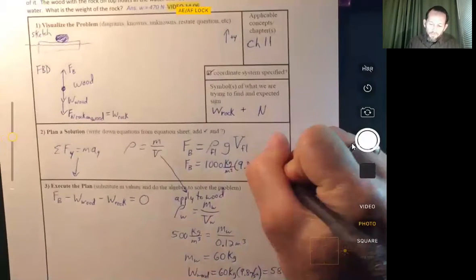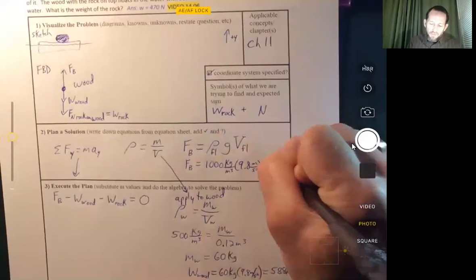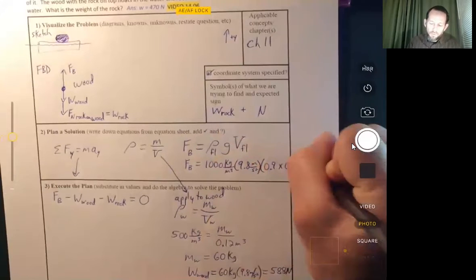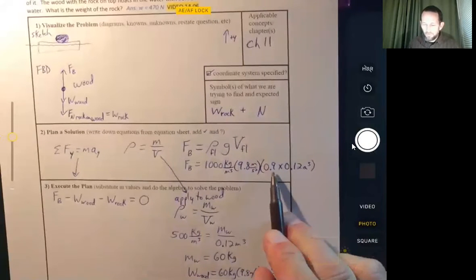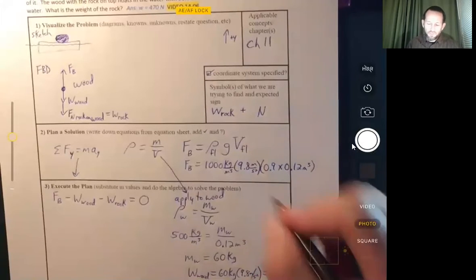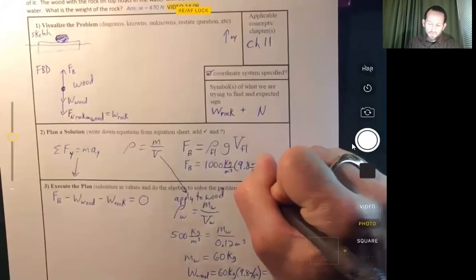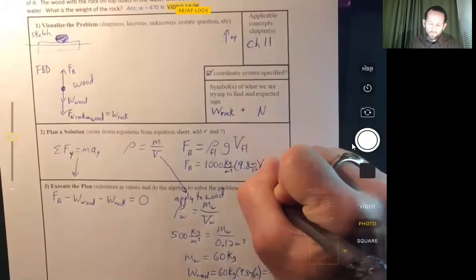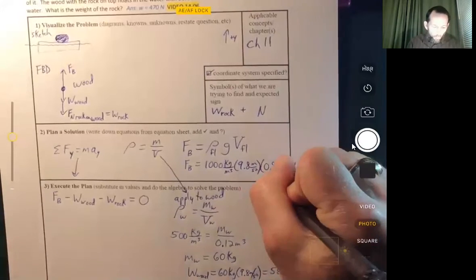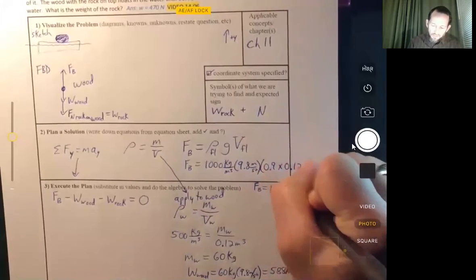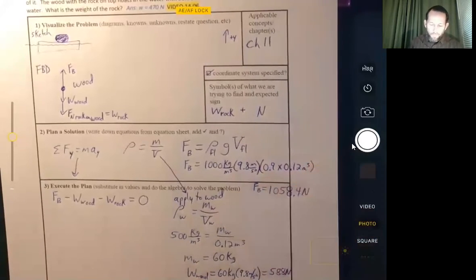And then the volume is going to be 0.9 times 0.12 cubic meters, because only 90% of the wood is below the water level. So only 90% of the piece of wood is submerged, and only 90% of it is displacing any water. And so now we can calculate this out. 1,000 times 9.8 times 0.9 times 0.12, and we get 1,058.4 newtons.